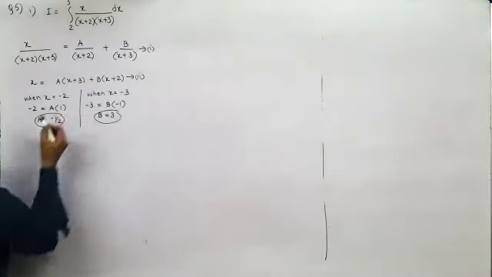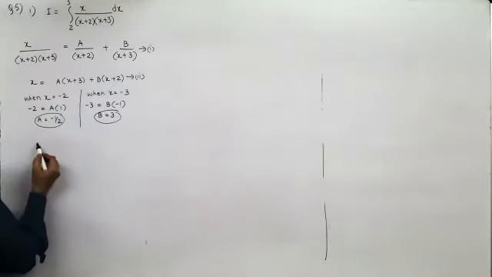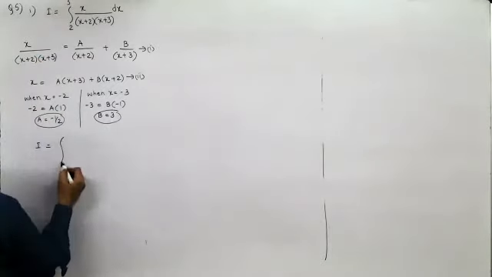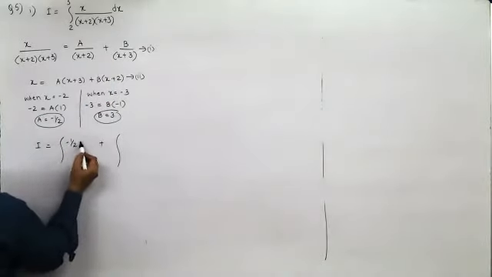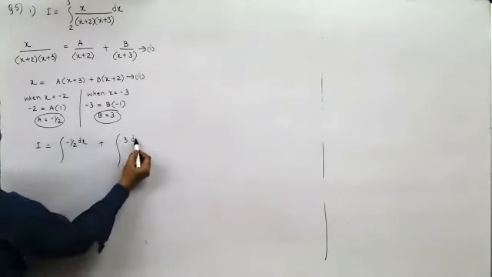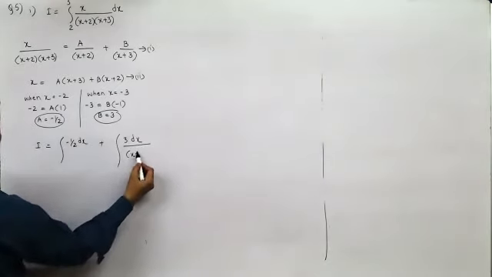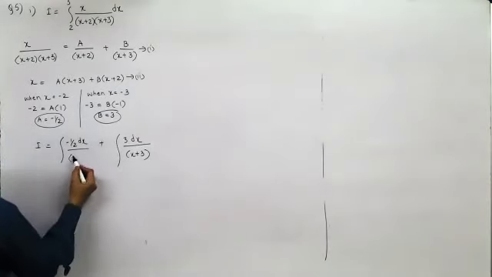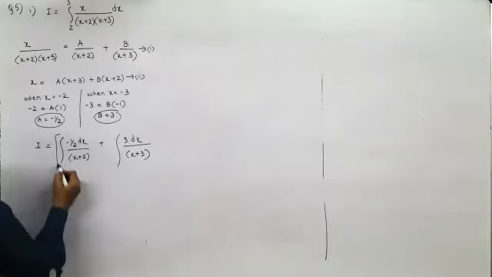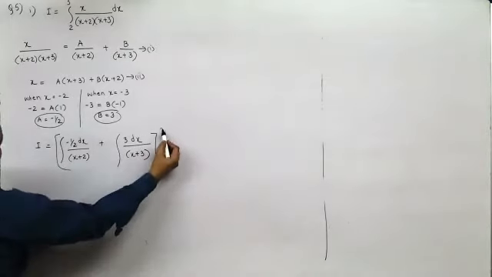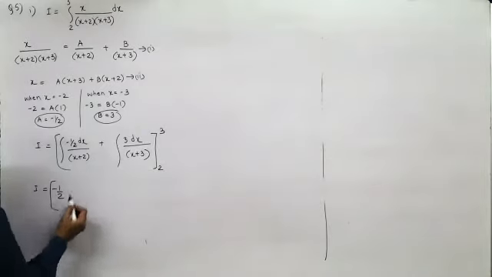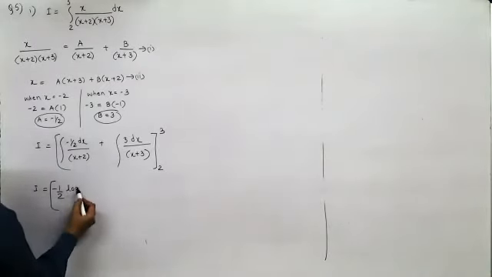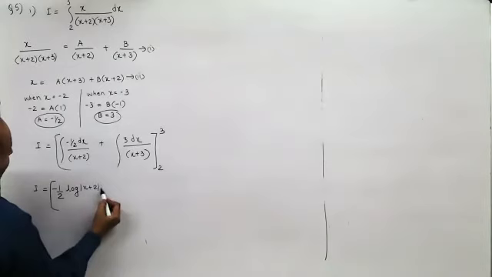Now I'll integrate these two and substitute a as minus half and b as 3. And this would be between the limits 2 and 3. When I solve it further, I get minus half here. This is 1 upon x, so it would be log of x plus 2. Then I'll take 3 out.